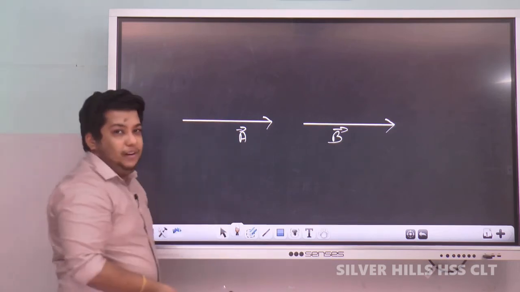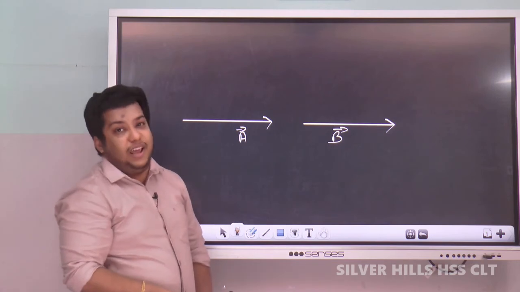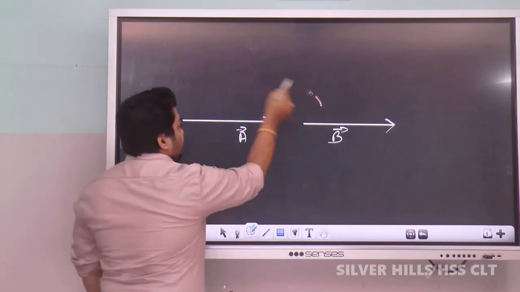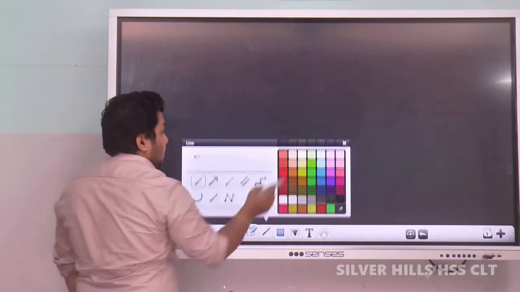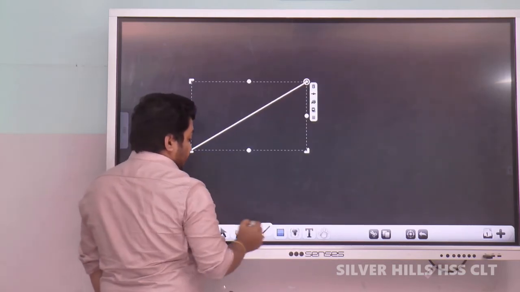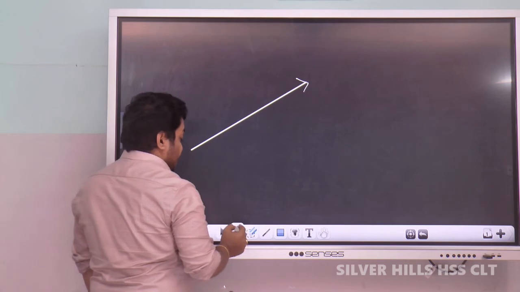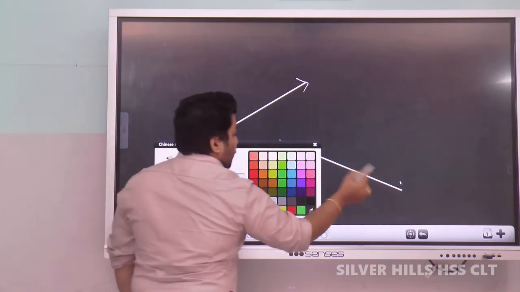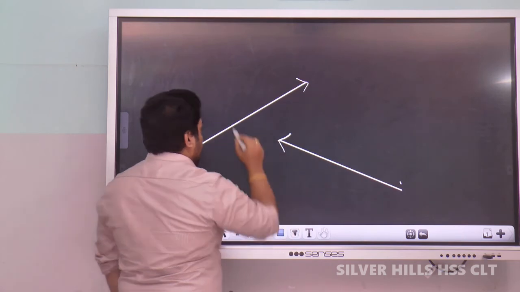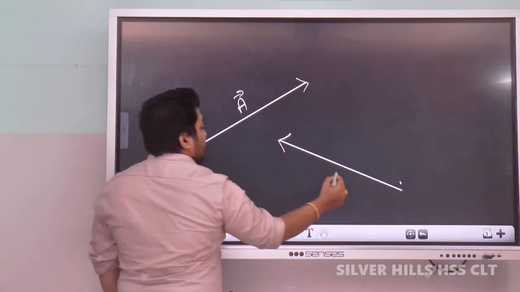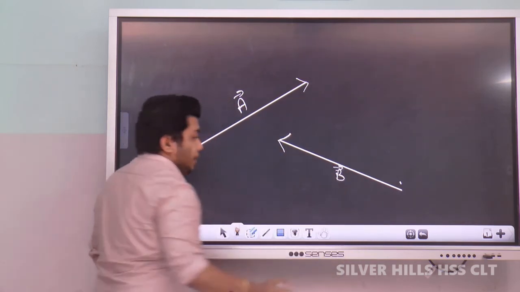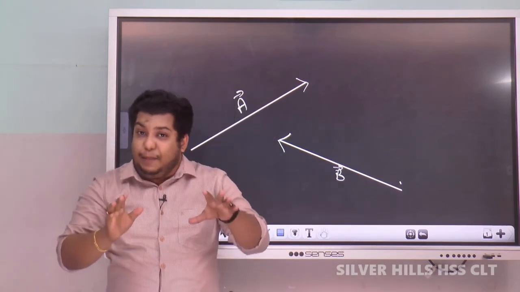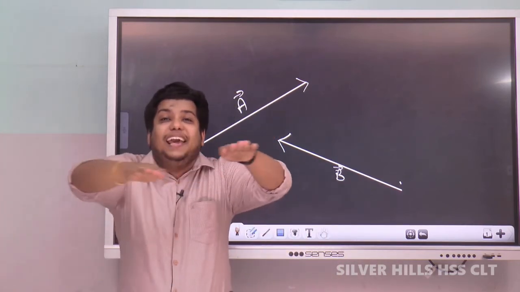Then the next type is called coplanar. We are going to discuss what is coplanar. Here, vector A and vector B can be represented in a single plane.